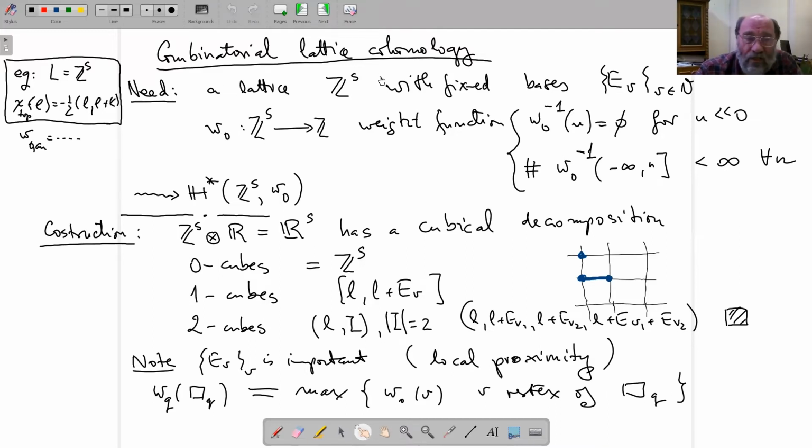But here, it is just a very general lattice and a fixed basis. I also need a weight function, so for each lattice point, an integer. And it should have a finiteness property: for n very, very small, the inverse image of n is empty, and for any n, among all the lattice points with weight below n, I have only finitely many.